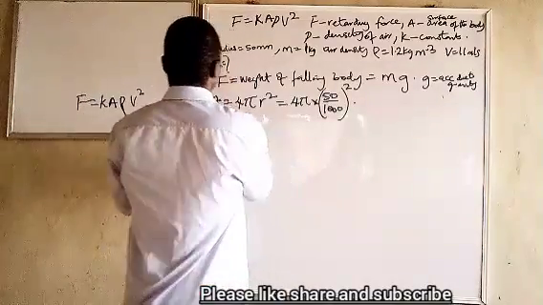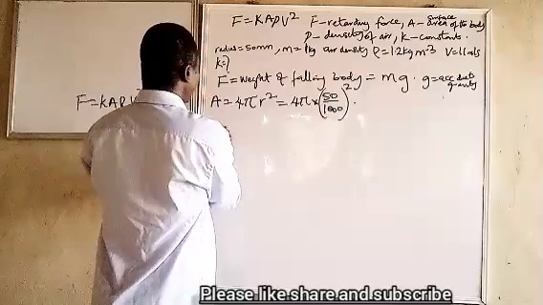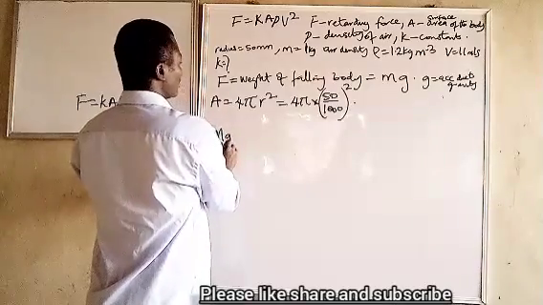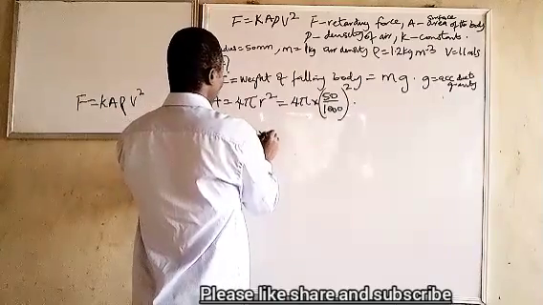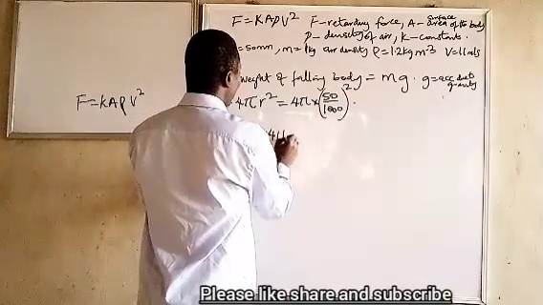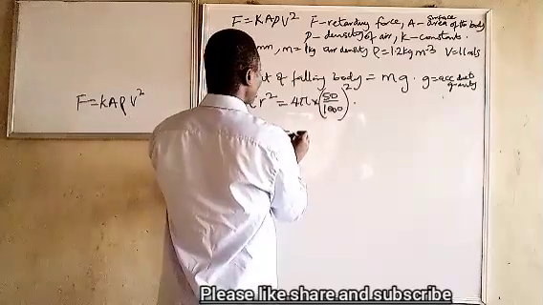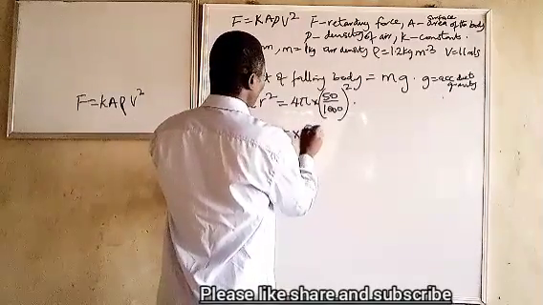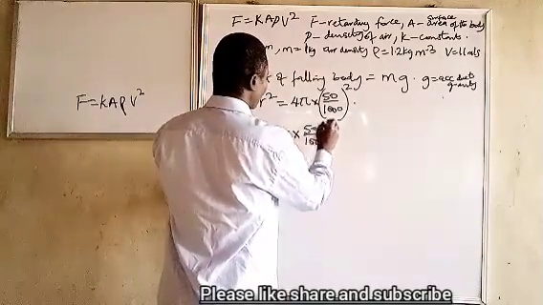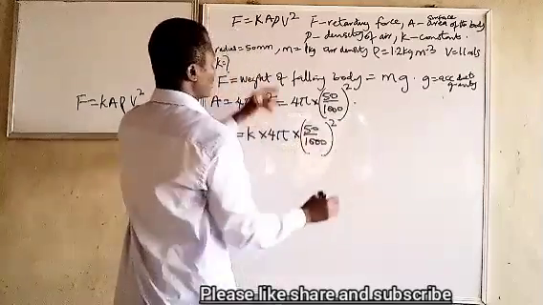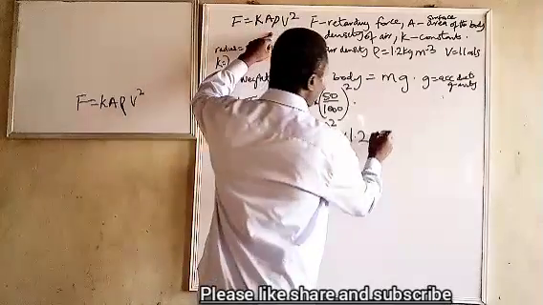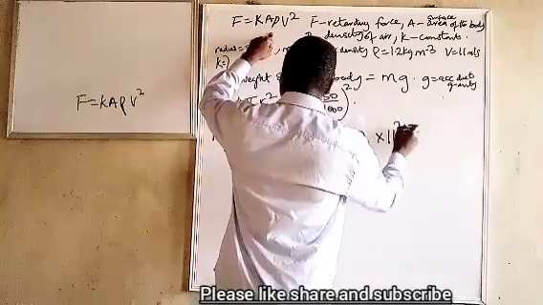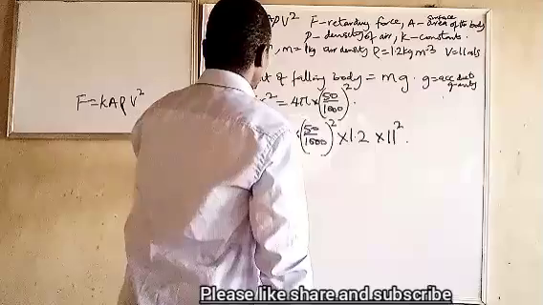Therefore, F, that is mg, is equal to K times 4 pi, 50 over 1000 squared, times 1.2, times 11 squared.